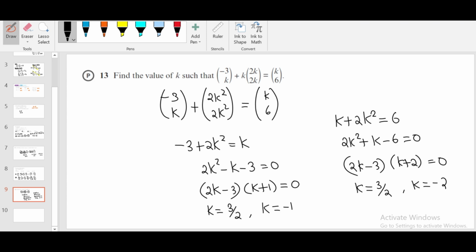You see, you need to take the K value that satisfies both equations. In other words, the value common to both solutions, which is 3 over 2, right? Therefore, K is equal to 3 over 2. Understand? Copy that, please.